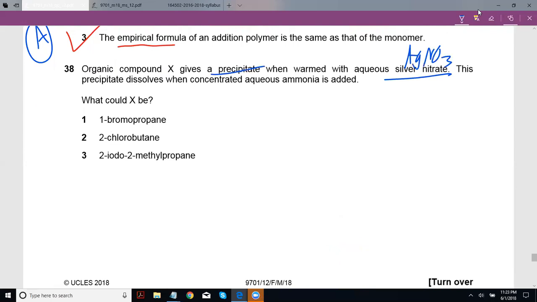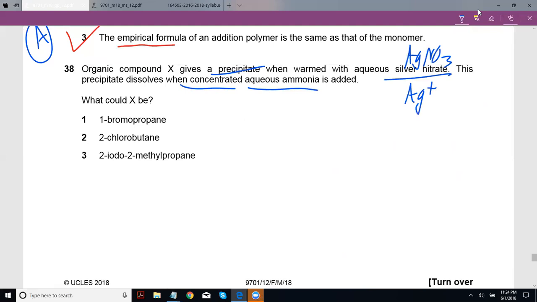This precipitate dissolves when concentrated aqueous ammonia is added. So what was the test for? So which precipitate is this? Do you remember? Is it AgCl? Yeah, if it's silver nitrate, then it's synonymous with either silver chloride, silver bromide, or silver iodide.